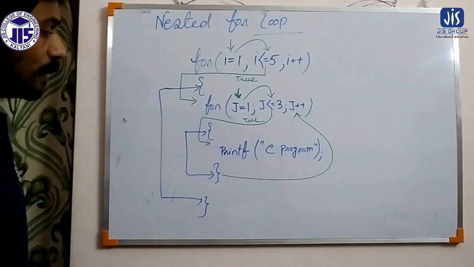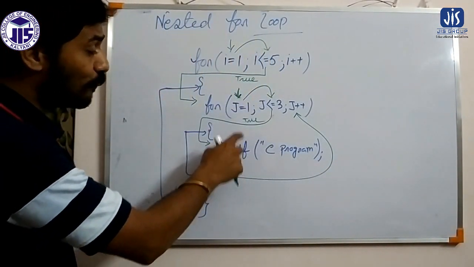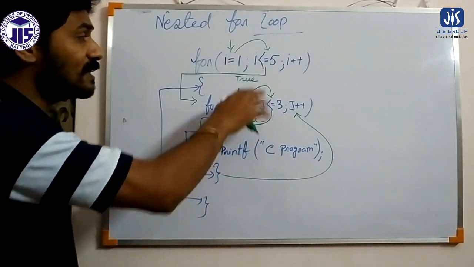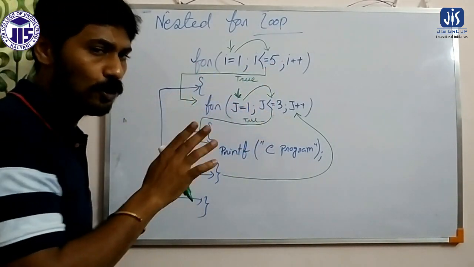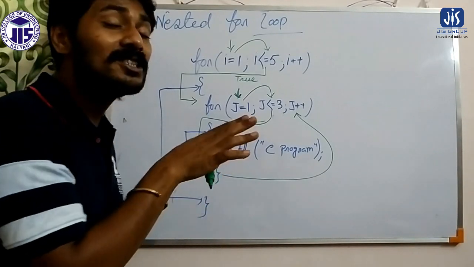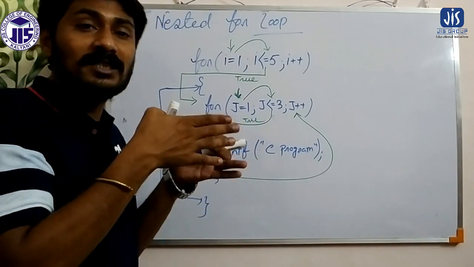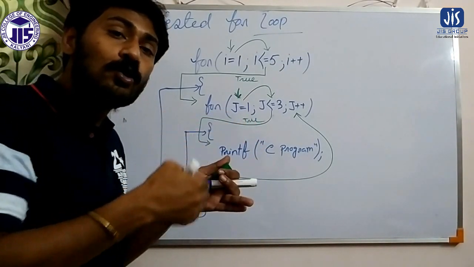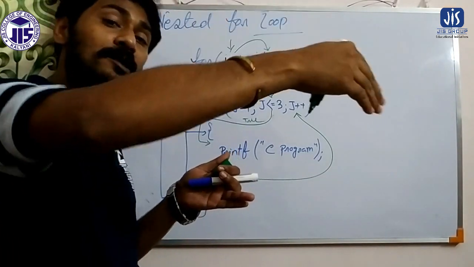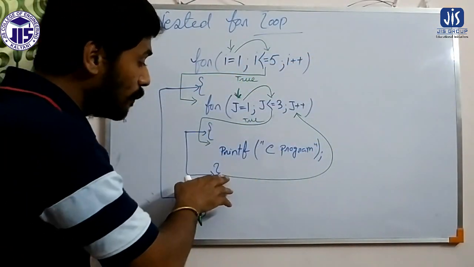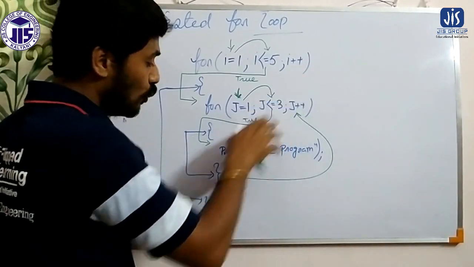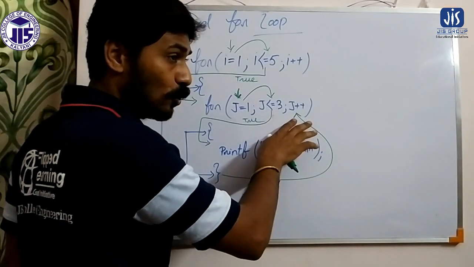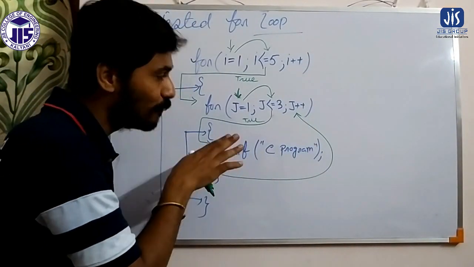increment operation, because we are in the inner for loop. Okay, we are in the j for loop. If I call it the i for loop and this the j for loop, then now we are inside the j for loop. So obviously we will go to the increment part of that particular for loop. From here we are not going to the outer for loop. From here we have to go to the inner for loop because we are inside the j for loop.